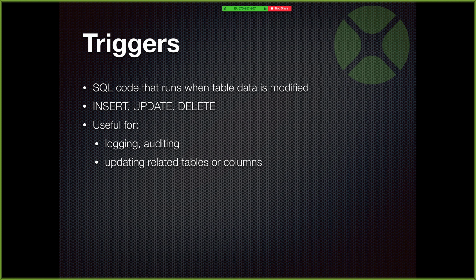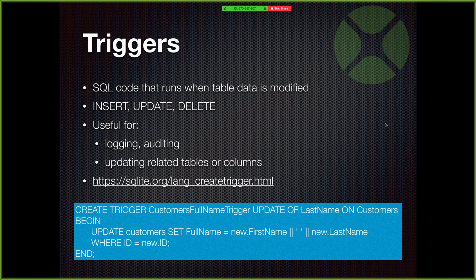So those are a couple use cases where these sort of things can be helpful. That's the official doc page on SQLite that you can read more about that. Then this here is an example of what a trigger can look like.